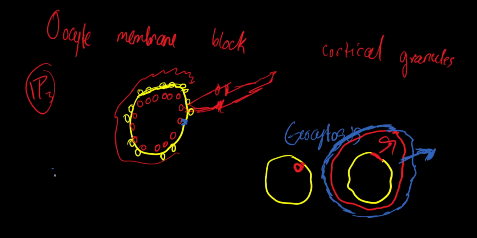It prevents polyspermy. Apart from that, it also causes the breakdown of the ZP2 glycoprotein, which changes and hardens the form of the zona pellucida such that no other sperm can get into the ovum, preventing polyspermy. So there are two mechanisms by which polyspermy is prevented.